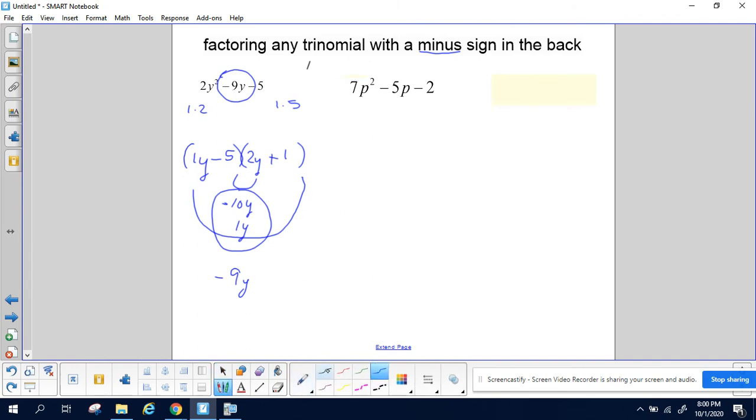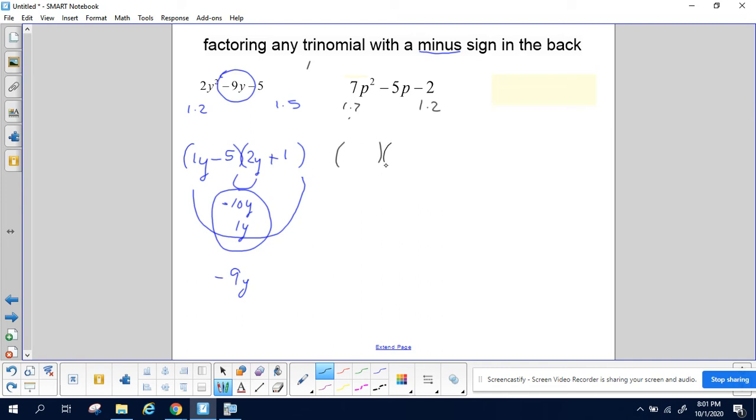Same idea. Check. See if there's anything that goes into all three of those pieces that's in common. There's no common factor. List the things that multiply to 7. List the things that multiply to the back number.